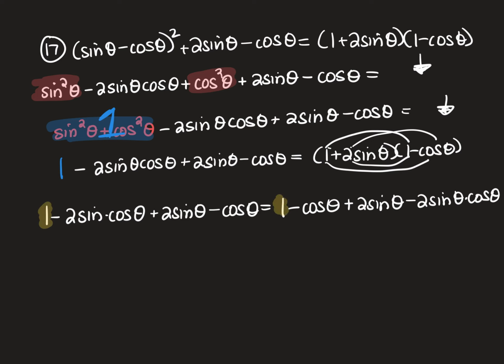So I see this one, I see this one, that's good. Negative 2 sine cosine, look, I have that as well already. Plus 2 sine, oh, I've got that. And then minus cosine, I've got that as well. I actually have that expression already done. Like I've proven that it's true.